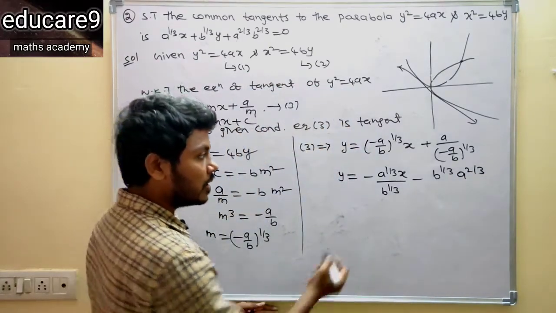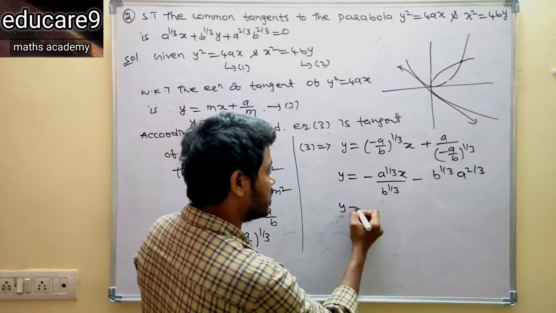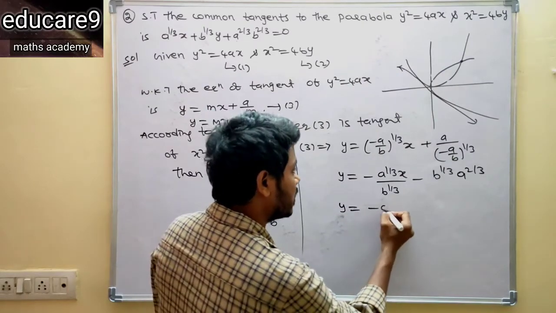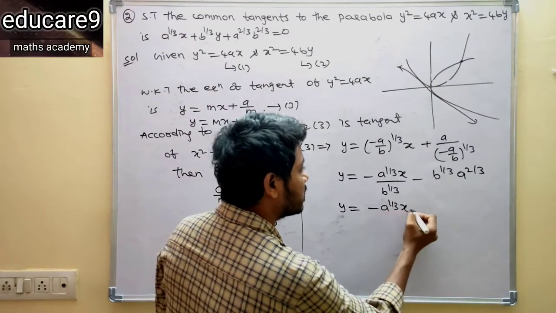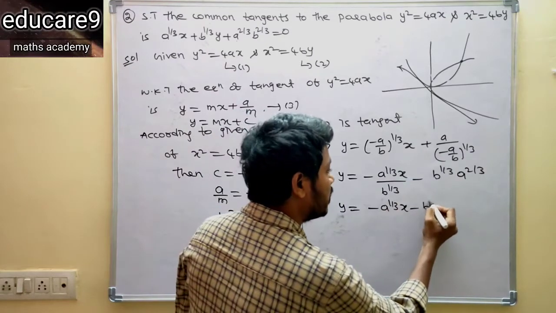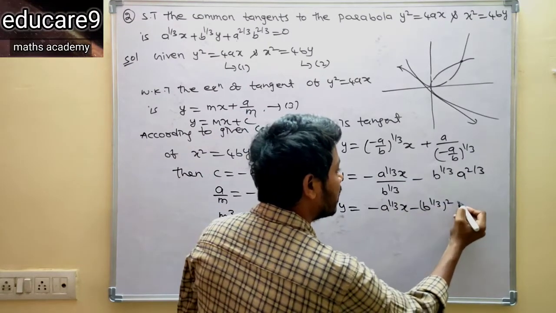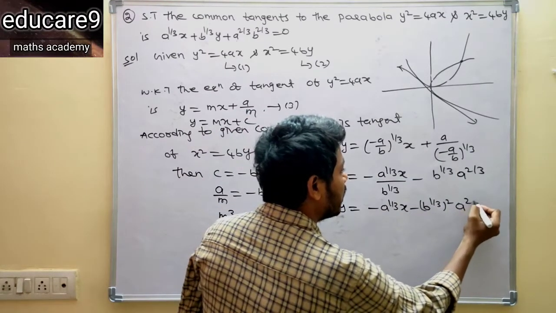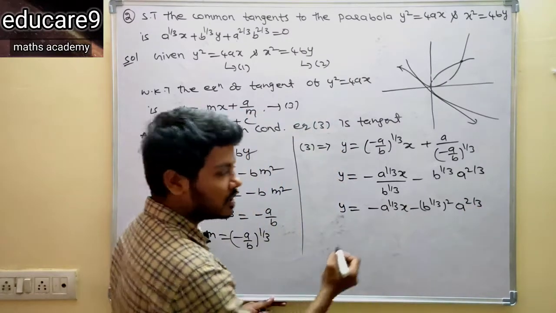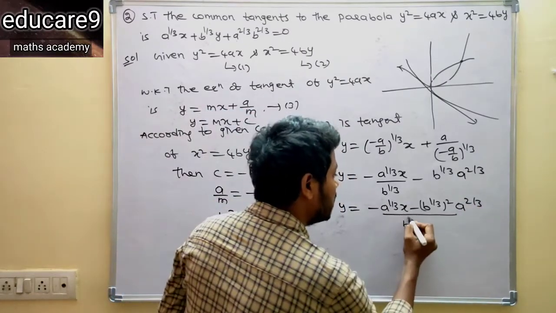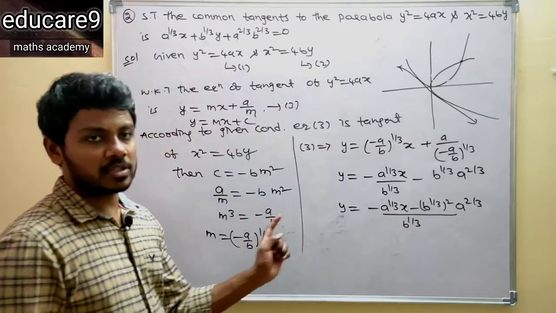Okay. Now this is y is equal to minus a power 1 by 3 x minus b power 1 by 3 whole square into a power 2 by 3, divided by b power 1 by 3. Now cross multiplication.